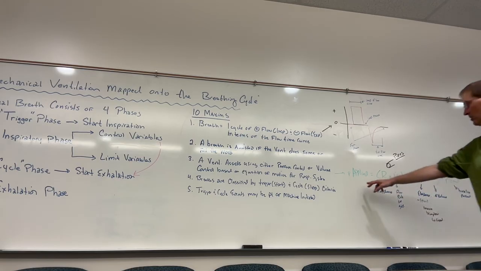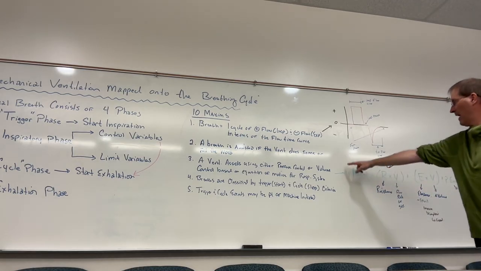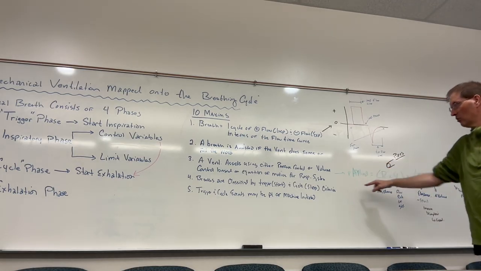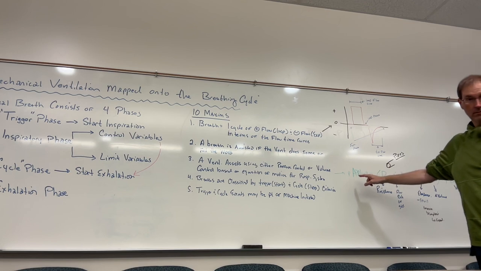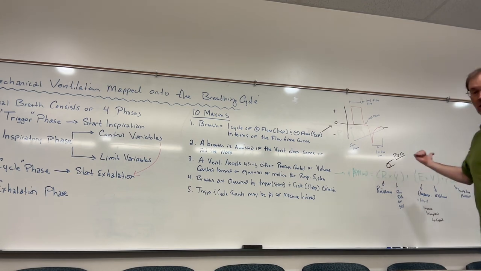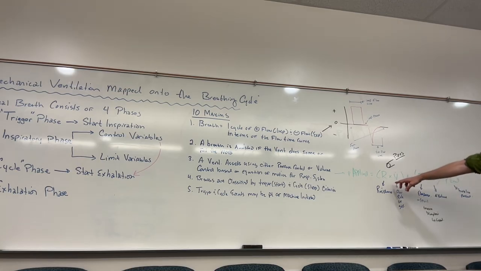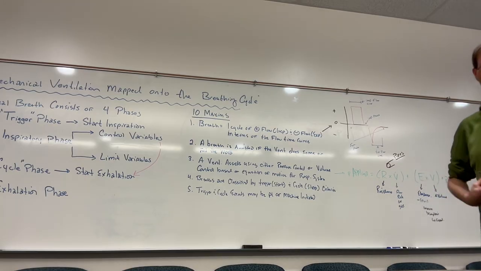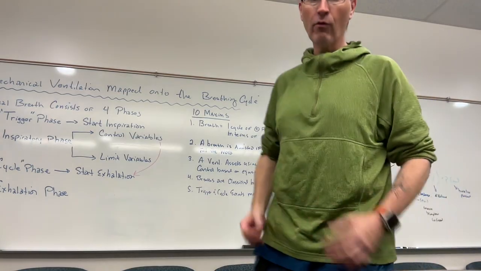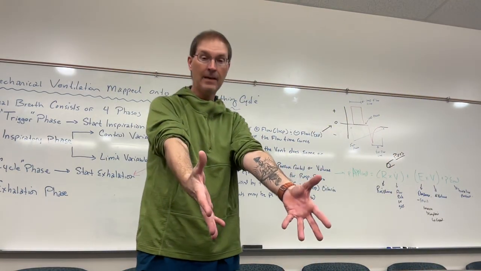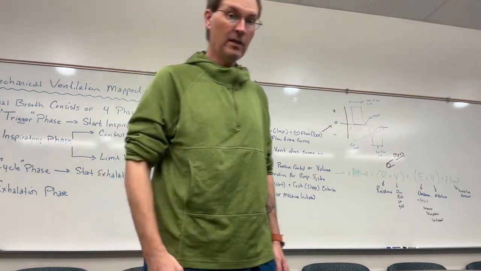So really all this is saying is the pressure that the ventilator needs to apply to cause flow is going to be essentially a product of the airway resistance in the pipes and the elastance of the lung tissue and the chest wall. And you have to overcome all that to drive air into the respiratory system.